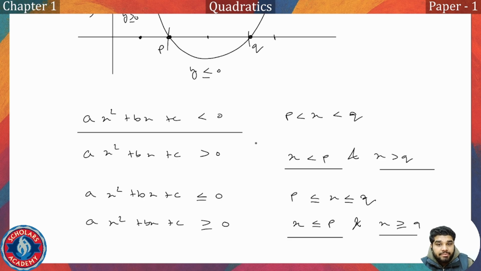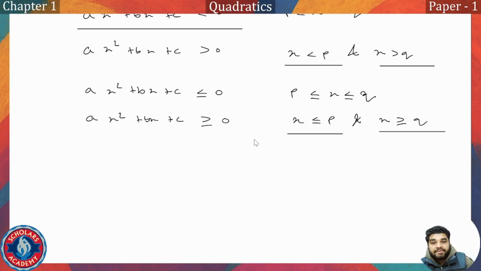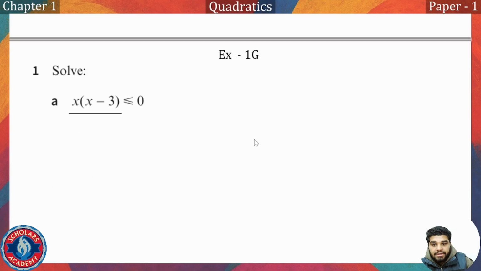The major point over here is, first of all, we need to find these zeros, and then we break the complete x-axis into 3 intervals, and then we check which particular interval is satisfying our inequality. So for that, step number 1 is finding the factors of the quadratic equation.